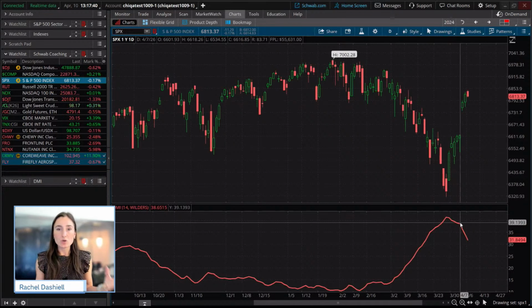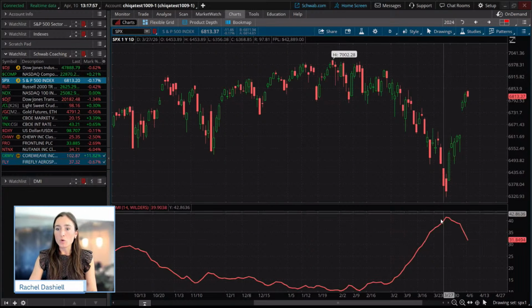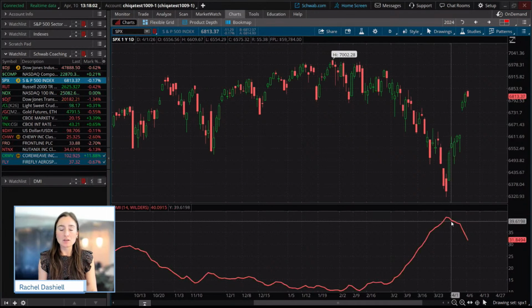So knowing that about the ADX, the fifth thing this indicator tells us when we put it together is that we want to look for the peaks and troughs in the ADX. When we see peaks in the ADX, that's often signaling a peak or a trough in prices.